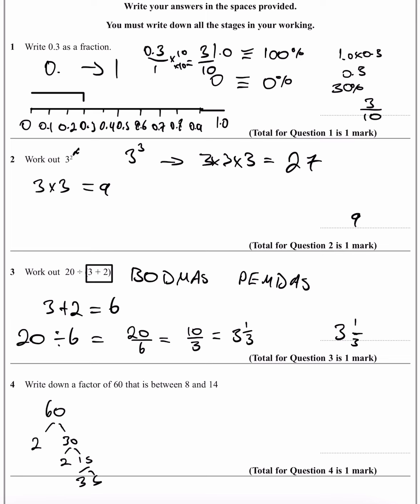The way I would do it if I'm struggling with such a question is just go through my head or write down the different ways I could multiply to get 60. There are actually multiple correct answers, but the first one that comes to mind would be 60 is the same as 5 multiplied by 12. And since 12 is between 8 and 14, that's the answer.